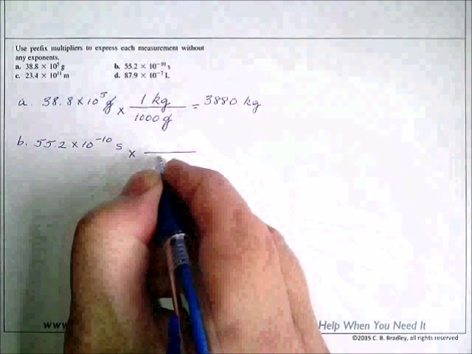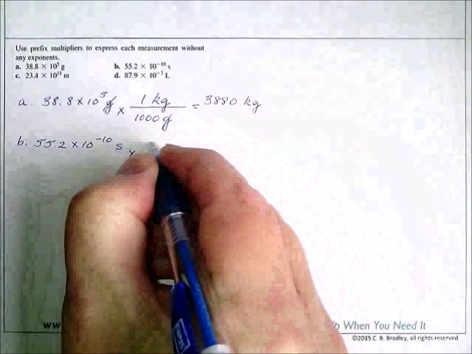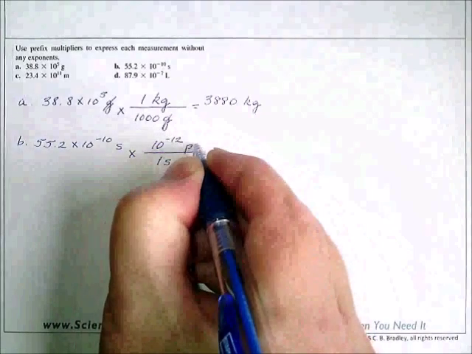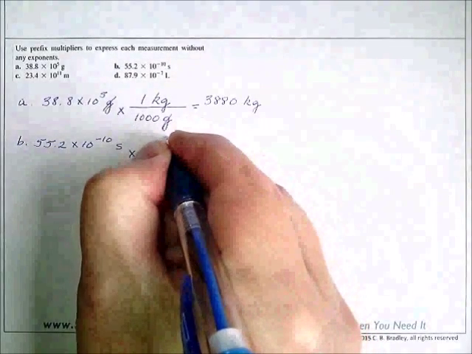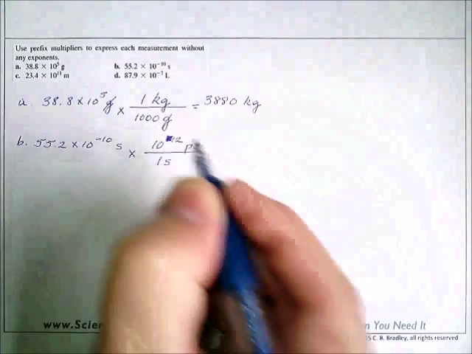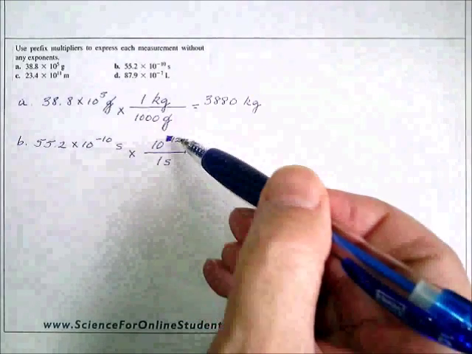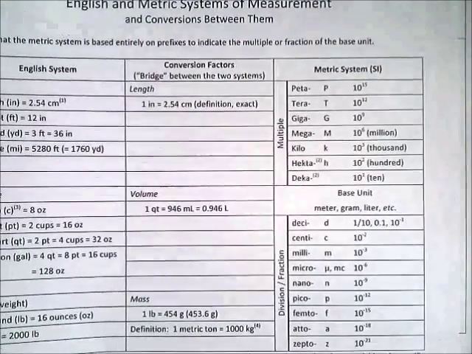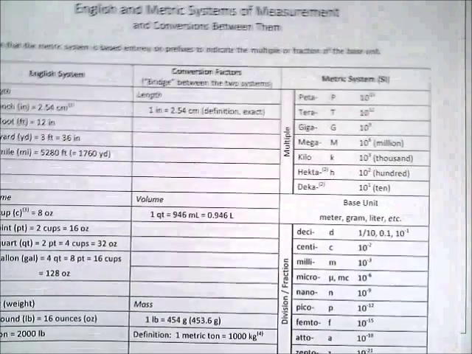1 second is 10 to the 12th picoseconds. A picosecond is 10 to the minus 12th seconds, which would put the minus 12 under here instead of a 12 on the top. And make sure I've got the right unit there. And we do have pico and 10 to the minus 12.